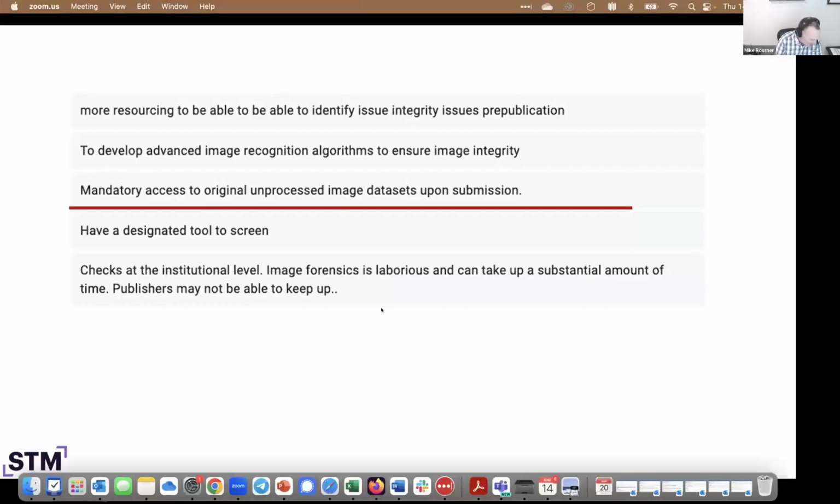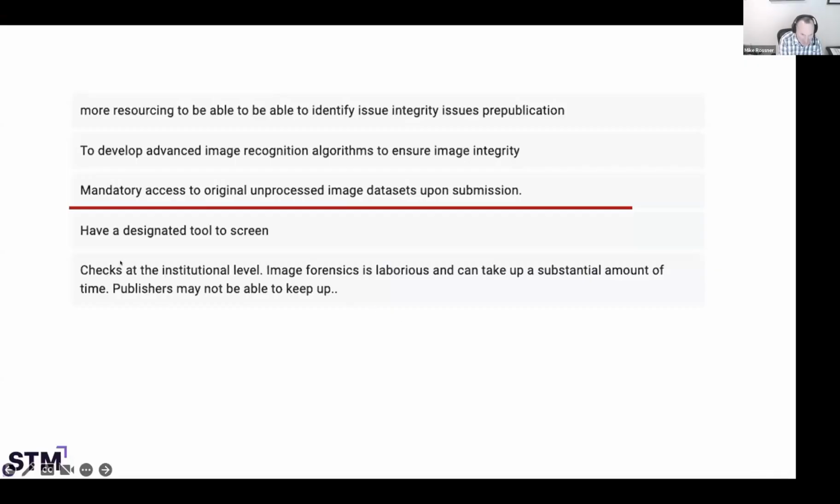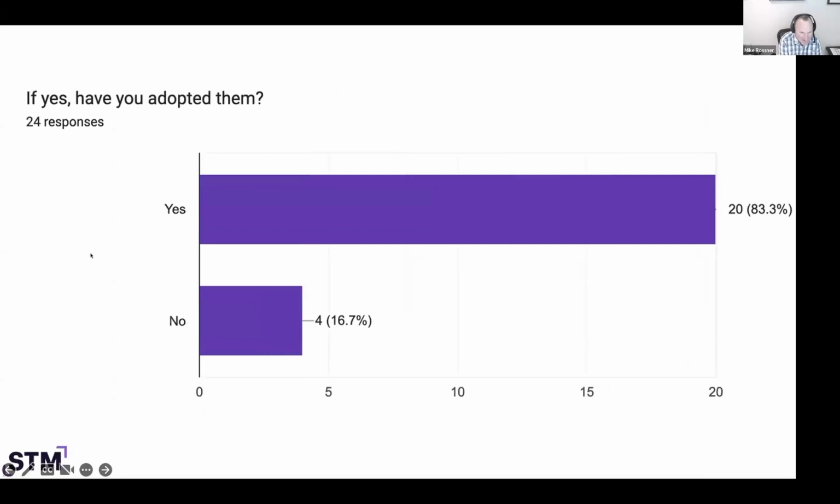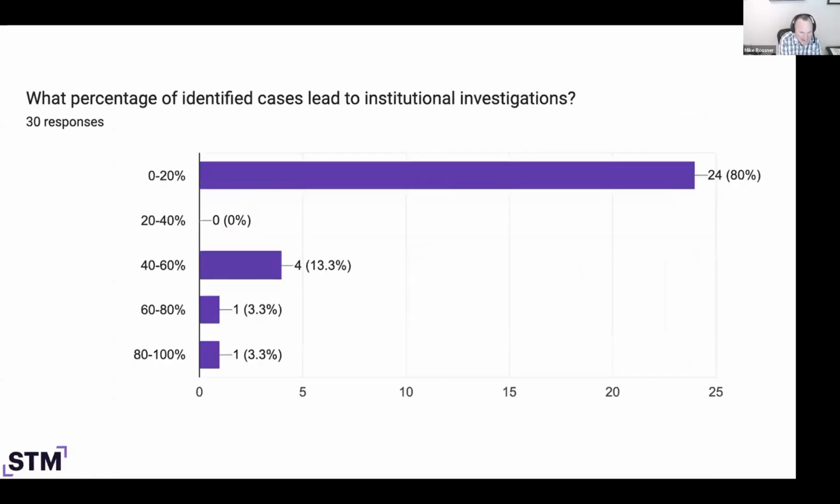Mike, anything that struck you? Oh, yeah, and specifically in relating to the things that I do now with the institutional investigations. Joris, can you put the slides up again? I don't remember what slide number it was. 6 or 7, something like that, about the institutional investigations. There it is.